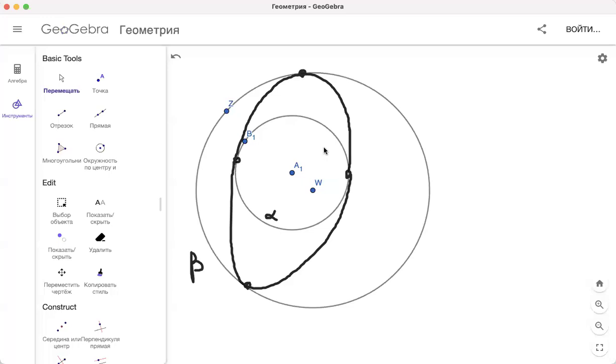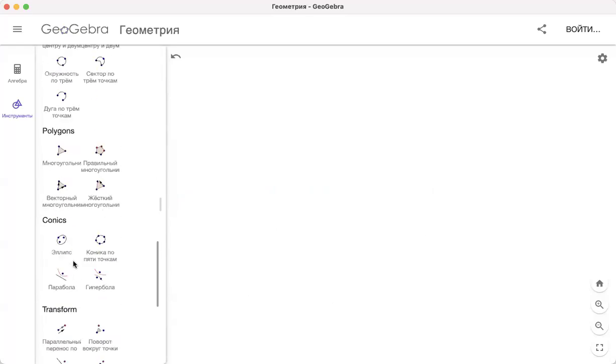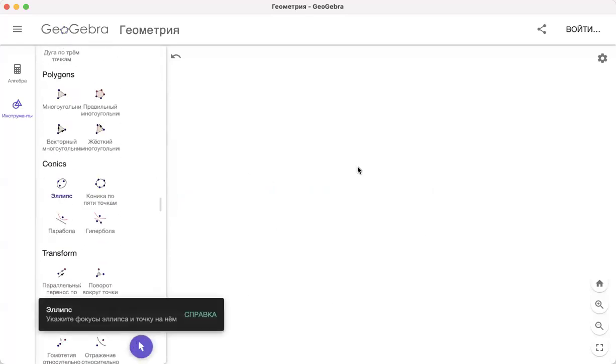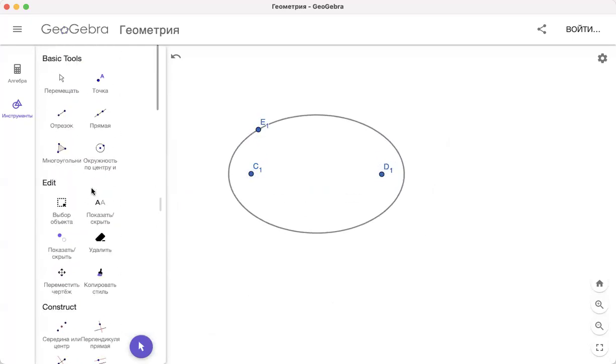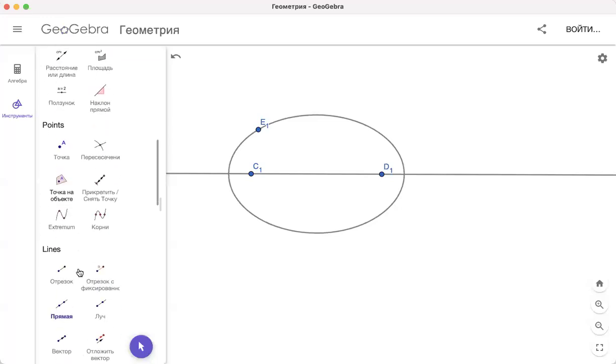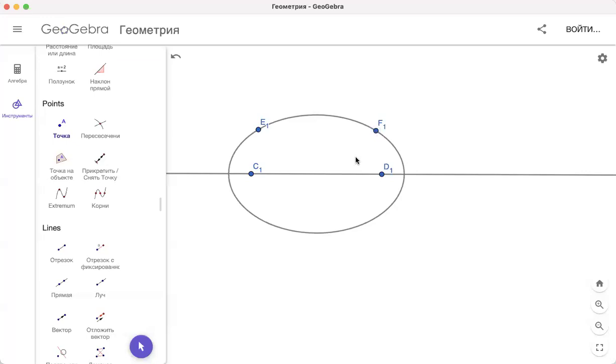So maybe it will be good to make some remark about doubly tangent. So if you have some ellipse, then you have two families of circles doubly tangent to this ellipse.